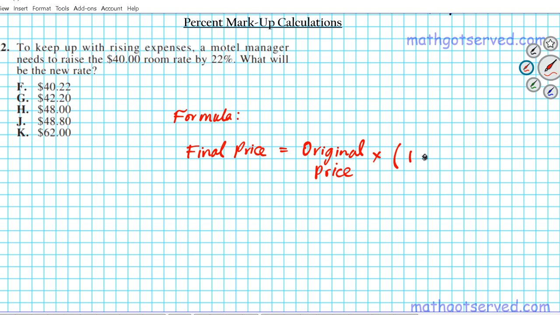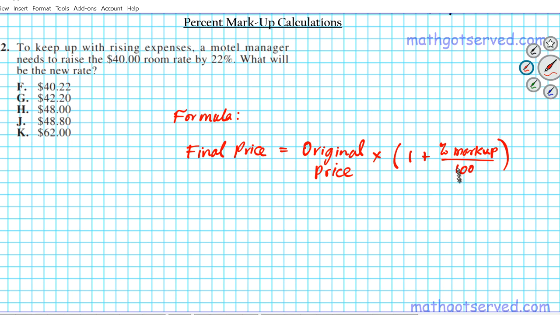So you have the original price plus, now this component I'm about to insert in this formula basically tells you the markup amount, okay? And that is simply the percent markup divided by 100. So what percentage are you marking up by? That's basically what it is.